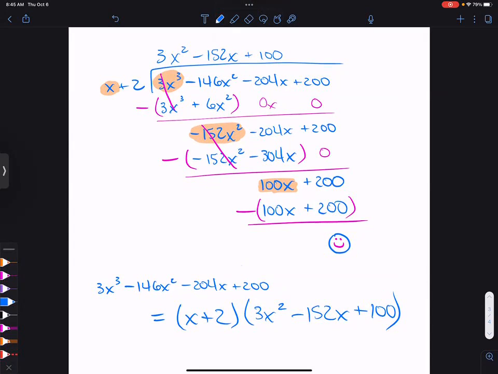Once it's factored though, you can do the usual stuff, right? If I'm setting it equal to 0, that means either this one is 0, which gives us -2, or this quadratic thing that we could solve, but let's not because the numbers are kind of a mess. But it's quadratic, so we could solve it, right?